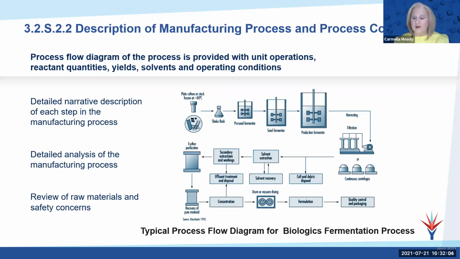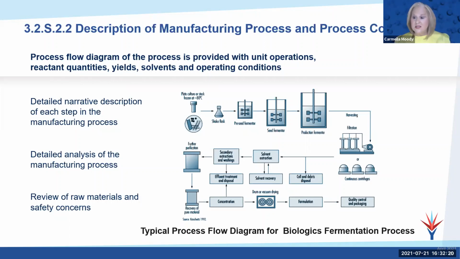So you can provide a very general flow chart with a bit more information in the narrative, but it does not need to be so specific that you have to actually include ranges.